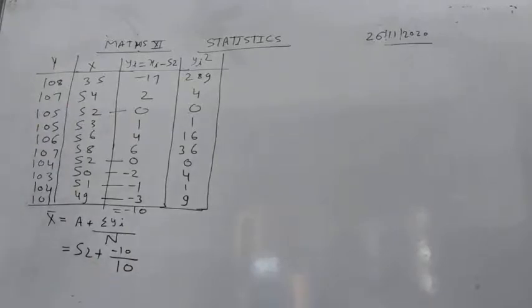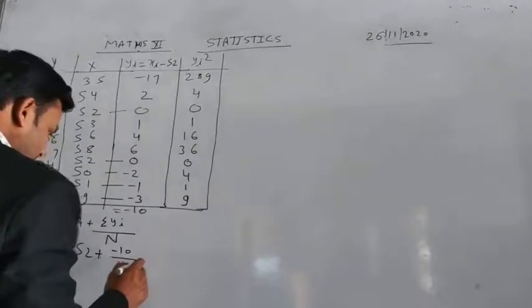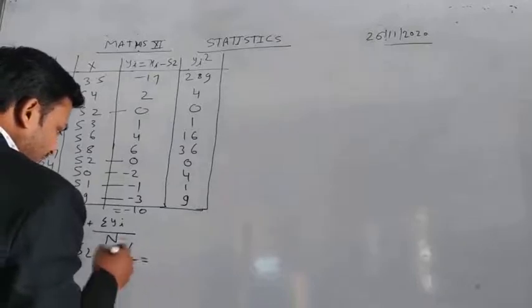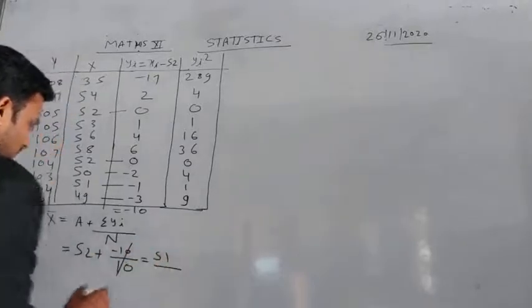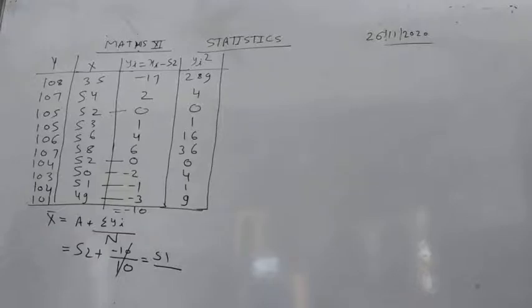So the mean will be 52 minus 1, which is 51. So our X bar is 51. Now we will find our SD.